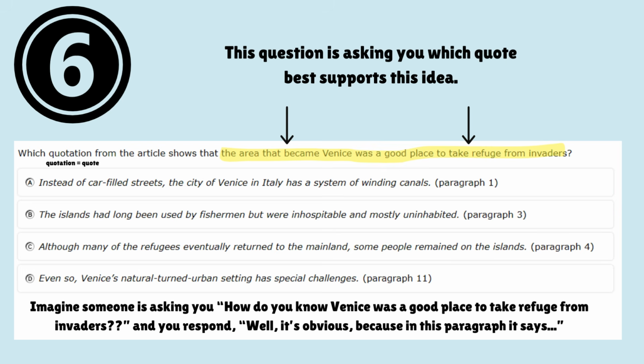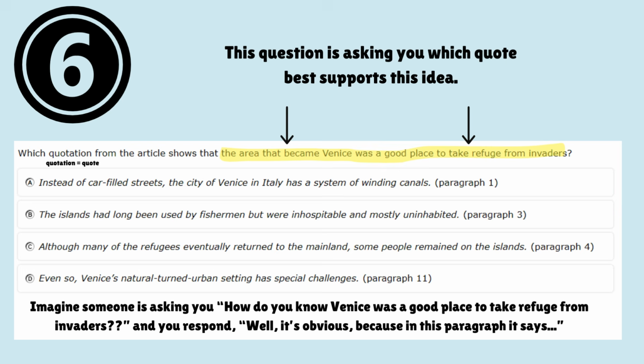But which quote supports that idea? So imagine someone is asking you, well, how do you know Venice was a good place to take refuge from invaders? Maybe someone's arguing with you, or maybe they're genuinely asking. And if they asked you that, you would probably respond with something like, well, it's obvious because in the paragraph it says what?